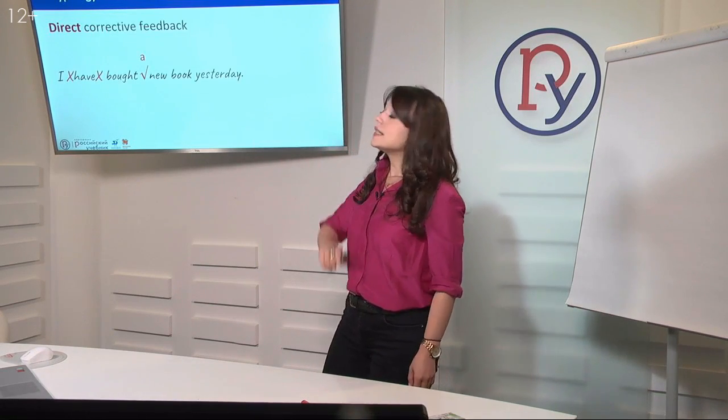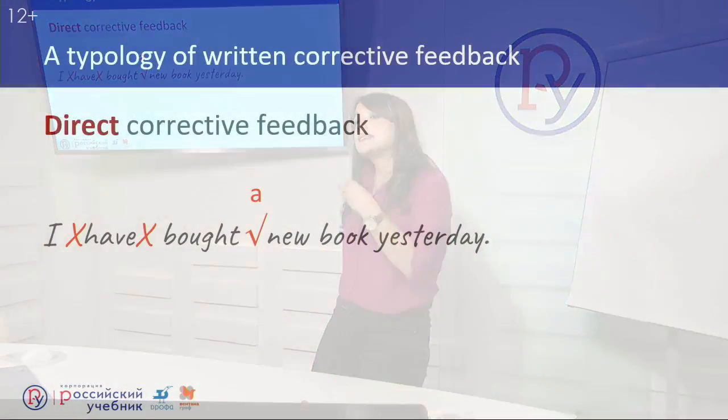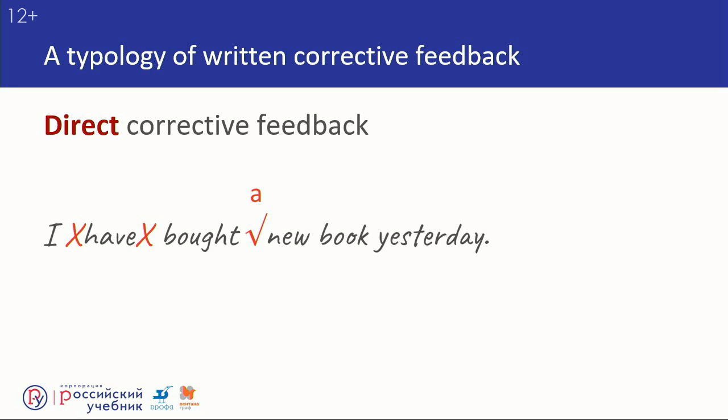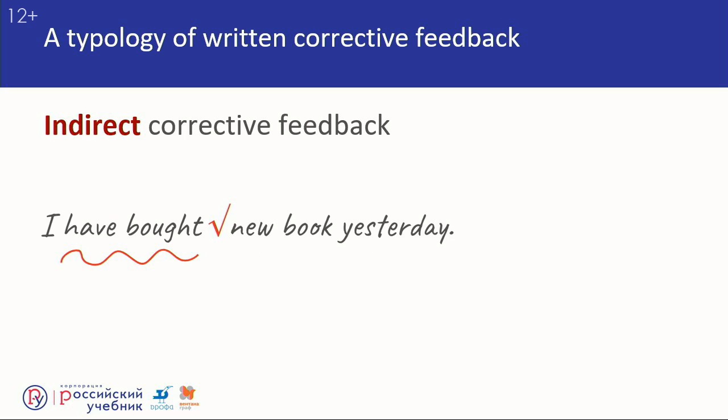Now, if this is a direct corrective feedback, I correct all the mistakes myself, and I actually give the correct version of writing this or that to our learner. There can be indirect corrective feedback, and what do I do?